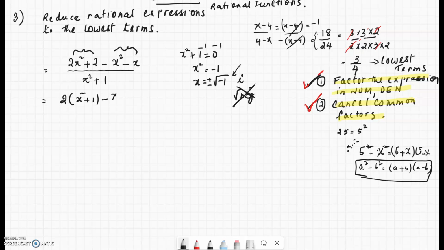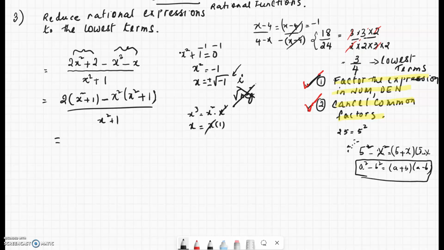X squared is a common factor because x cubed can be written as x squared times x to the 1. And obviously x is x times 1. So if you factor out the x in x cubed, you're left with x squared. Factor out the x in x and you're left with a plus 1. Since you factored out the negative, both the terms are positive, over x squared plus 1.